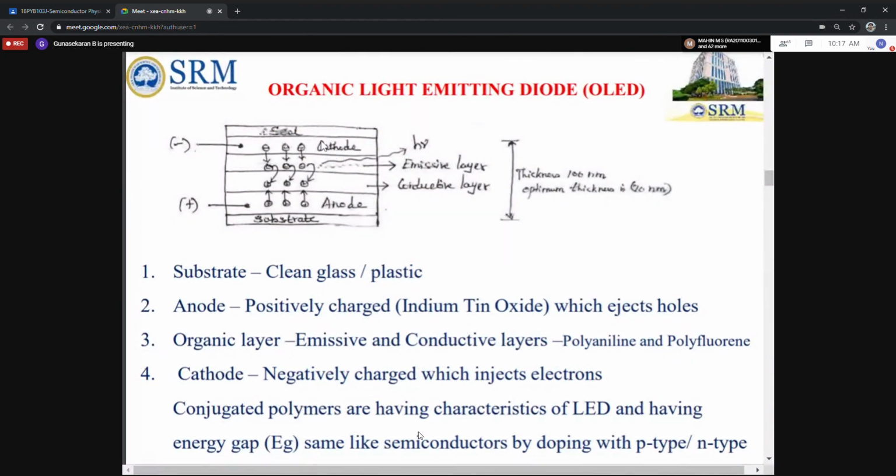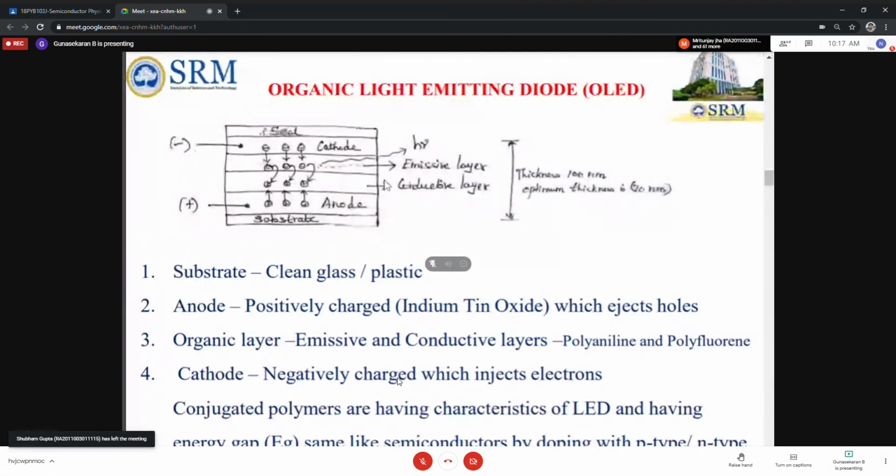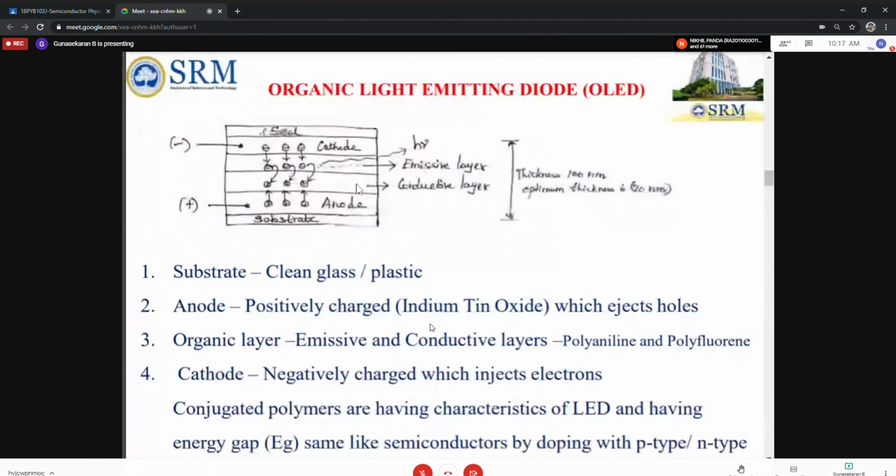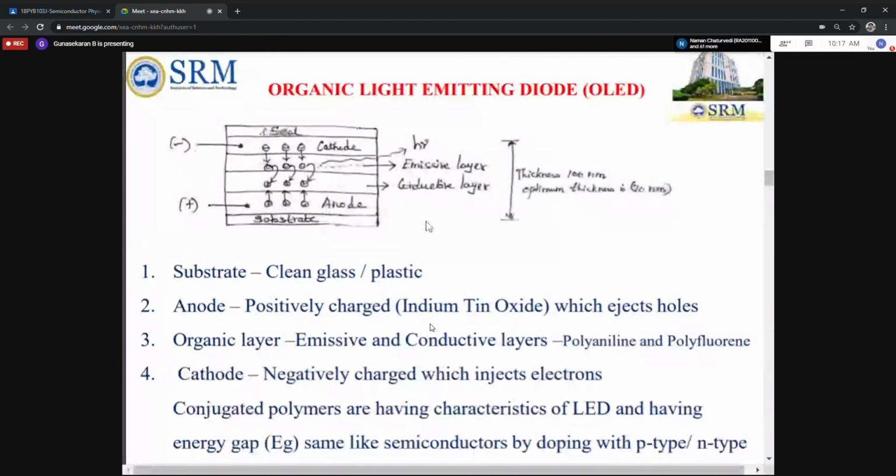After that, the cathode and anode are there. This is the cathode and this is the anode. In between the cathode and anode, 2 more layers are there. That is very important, the organic layers, the emissive and conductive layers. This is the emissive layer and this is the conductive layer. So totally how many layers? Seal, cathode, emissive, conductive, anode, substrate: 6 layers.